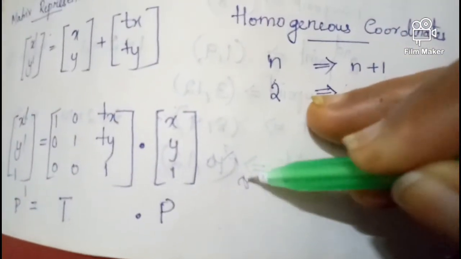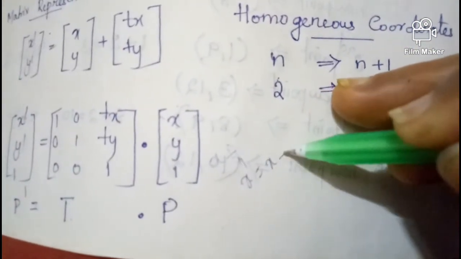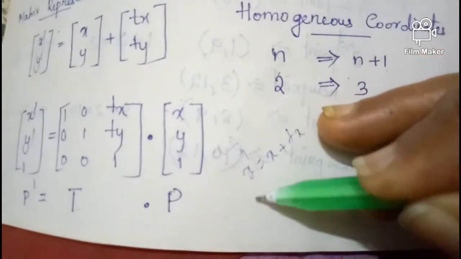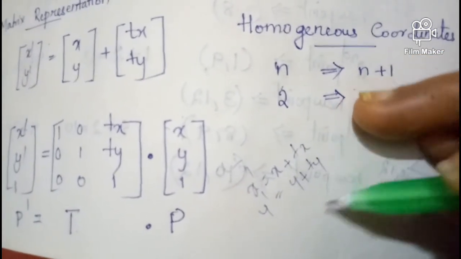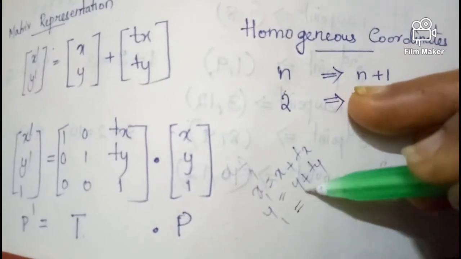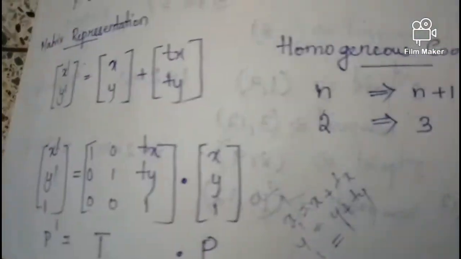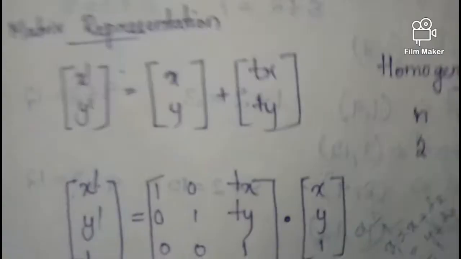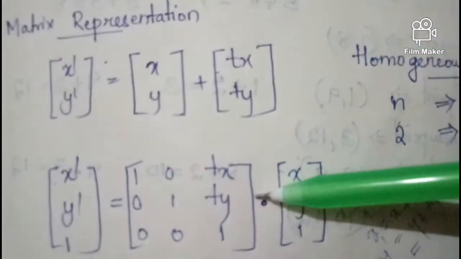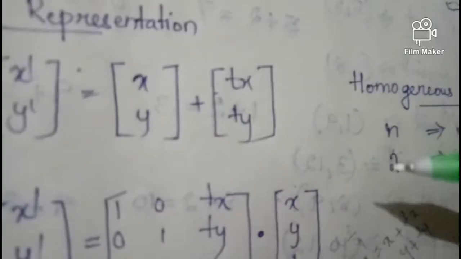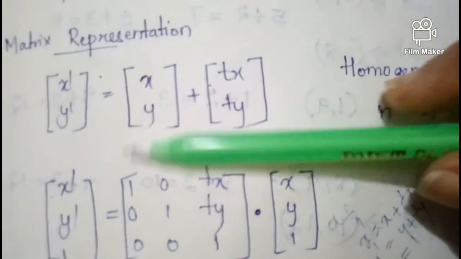So you got 3 equations. One is x dash is equal to x plus tx, y dash is equal to y plus ty, and 1 is equal to 1. So when you tried to represent the above matrix representation using homogeneous coordinate systems, you got the same set of equations without change in value.